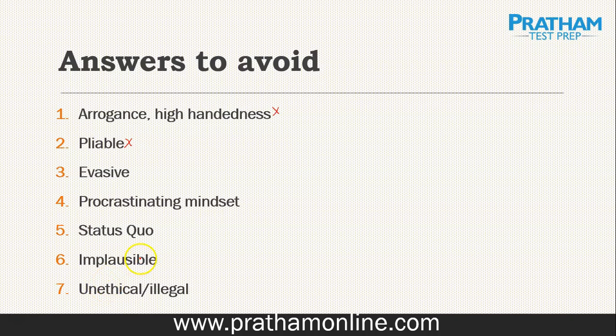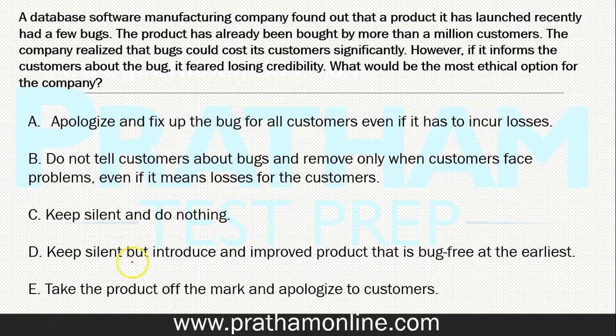Now, let's move to the questions. So here is a question. Let's go through that. A database software manufacturing company found out that a product it has launched recently has few bugs. So what I'm saying is it has got certain problems in it. The product has already been bought by more than 1 million customers. The company realized that the bug could cost its customers significantly.